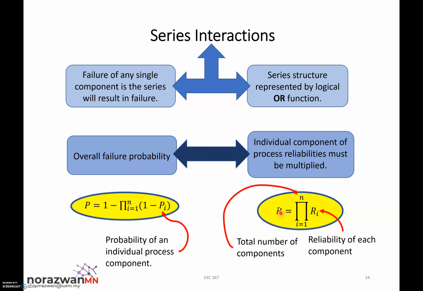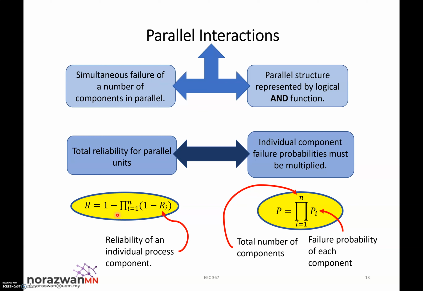So for parallel, this is P, but for series, this is R. You can see the difference. From your reliabilities, you can find your total probabilities. The equation is still the same, but the only difference between parallel and series is their probability and their reliability equation, which one has to be multiplied.